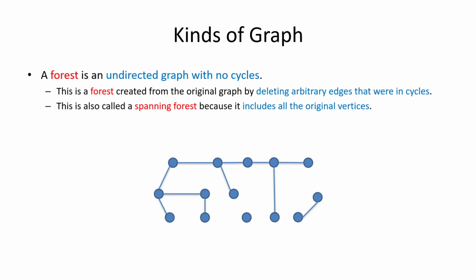So we had a single tree before, which also technically counts as a forest, but now we've got 3 trees that span the original graph. And you usually get spanning forests when the original graph was not connected to begin with. So you grab a spanning tree of each of the connected components, and that gives you a spanning forest. But for this example, I just arbitrarily deleted a few more edges.